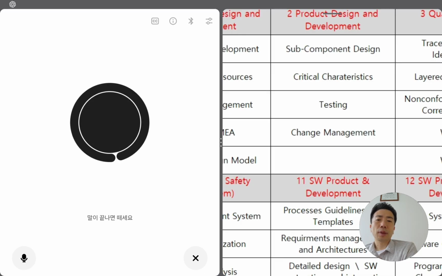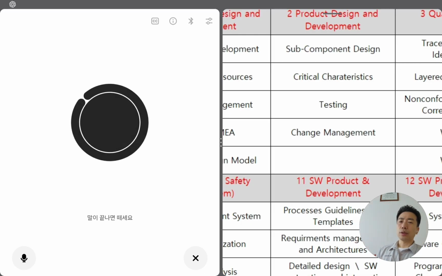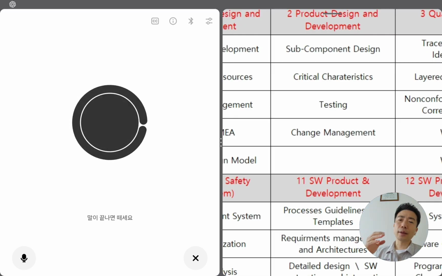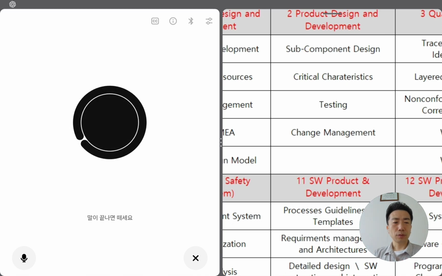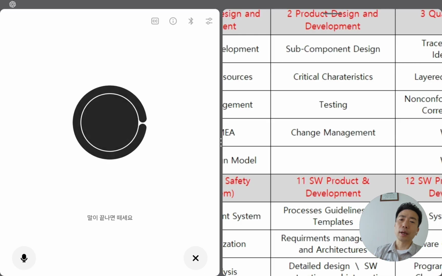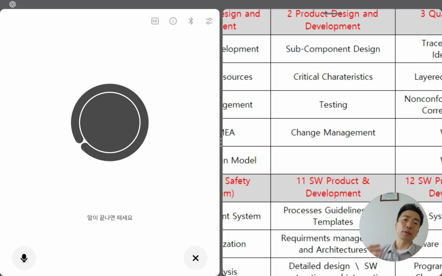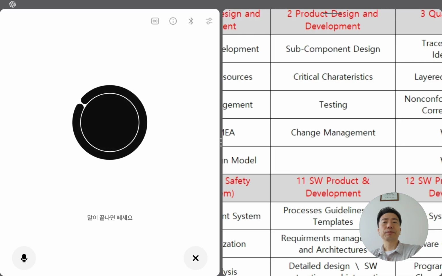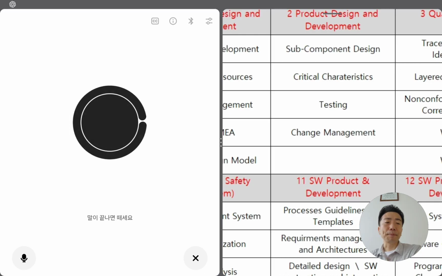In both cases, once critical characteristics are defined, we ensure they are clearly marked in drawings and control plans, and we verify them with special inspection methods.